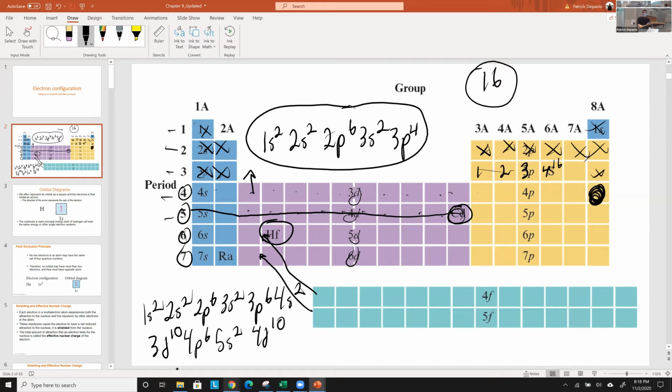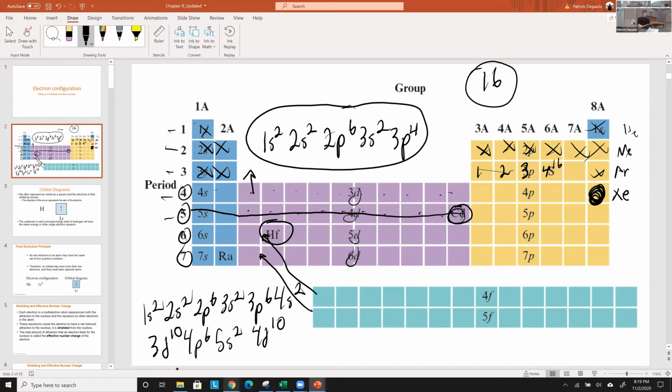This is xenon. I don't know. You have helium, you have neon, you have argon. Yeah, it's probably xenon. So what that means is you can write what we call the noble gas configuration.